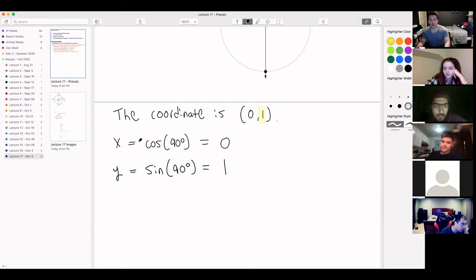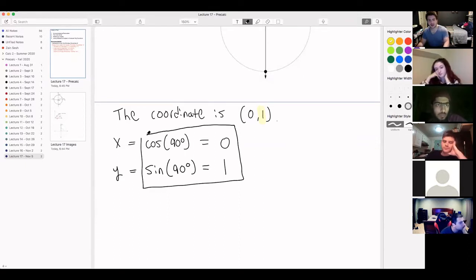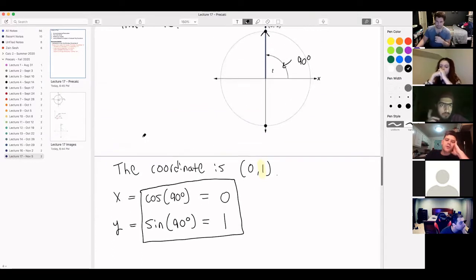So that's the takeaway. Here is the conclusion, I will box it right here. We have thus concluded that cosine of 90 degrees is 0 and sine of 90 is 1. Let's say we wanted 180 degrees, would that ever be a thing?